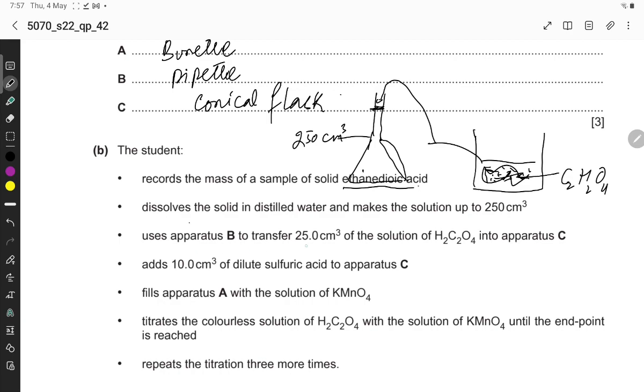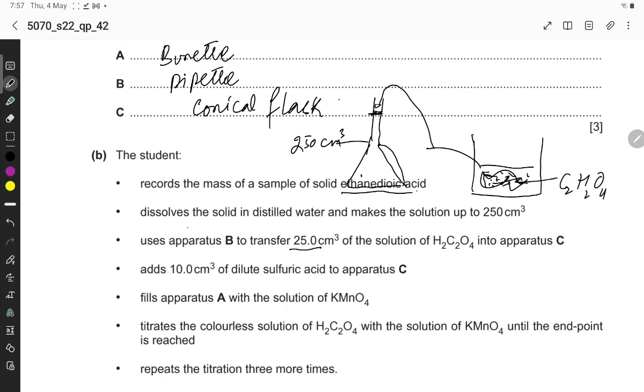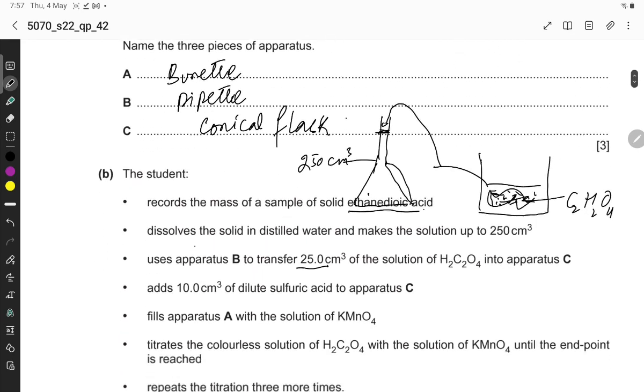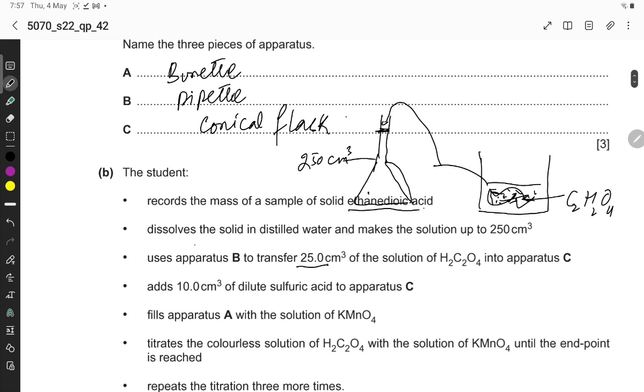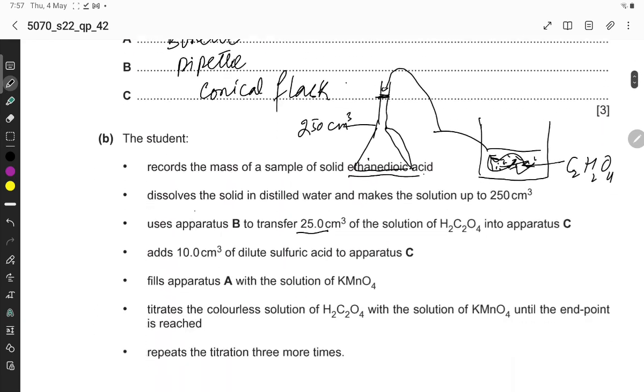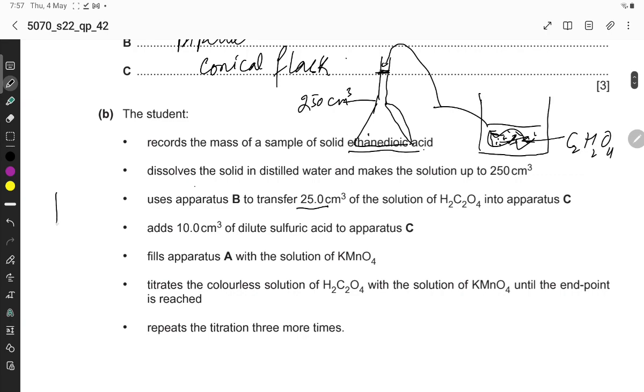Uses apparatus B to transfer 25 centimeter cube. Apparatus B is the pipette, and with the help of the pipette, 25 centimeter cube is transferred into apparatus C, the conical flask.